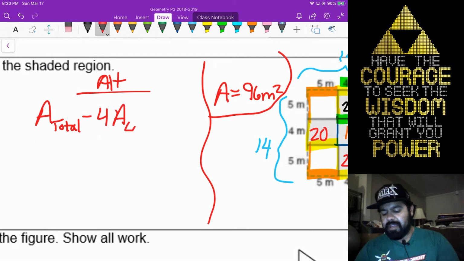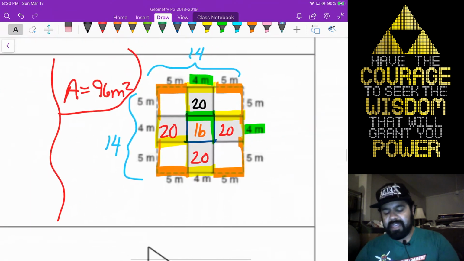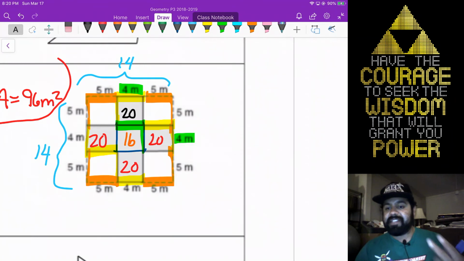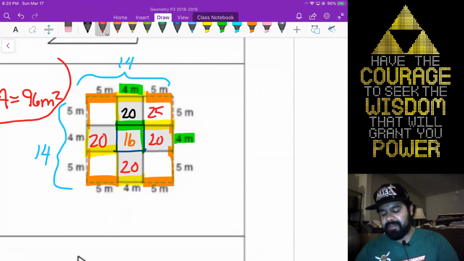So then my total area would just be 14 times 14. Now, the area of one of those squares, and thank goodness each square is the same length, right? So 5 times 5, that's a 25.